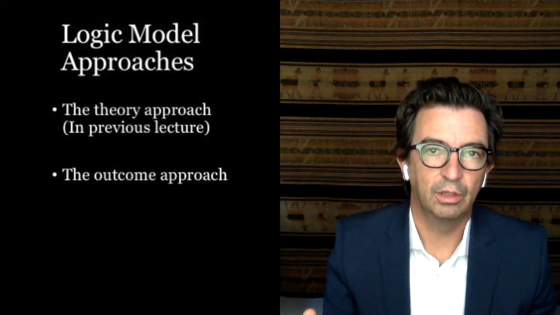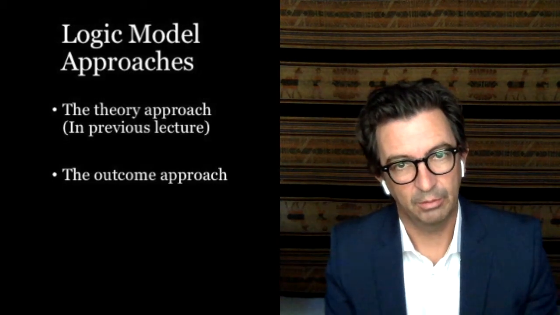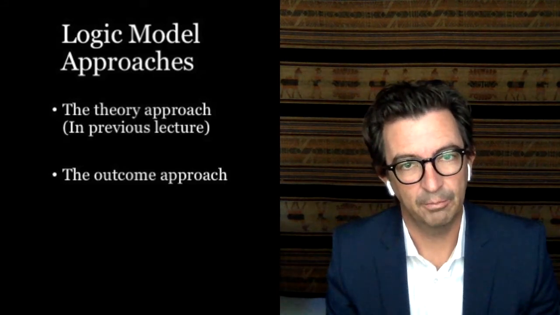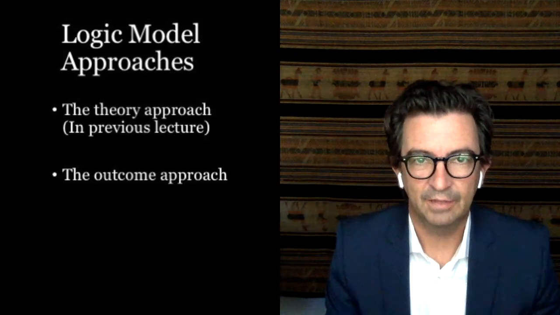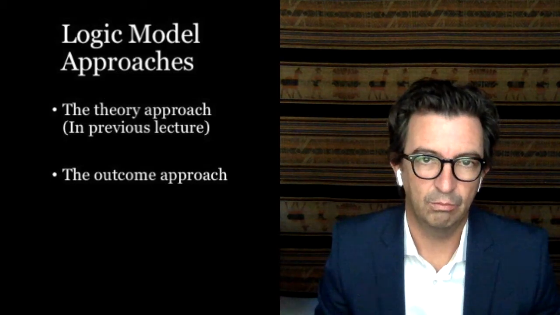That's one approach. The theory approach model is good to show why a program is needed and how it addresses a problem. But now we get to a more specific type of logic model, and this one is the outcome approach model. In the outcome approach model, we display the interrelationships between specific program activities and their outcomes.